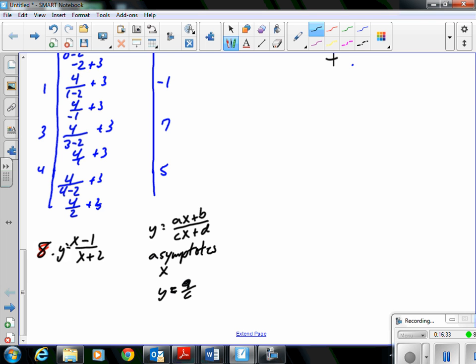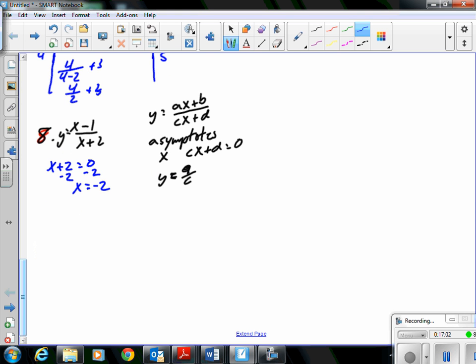So for x, we've got whatever makes cx plus d equal 0. Right? So to find our asymptotes here, we're going to take the denominator, x plus 2, set it equal to 0. Solve for the x. So x equals negative 2.